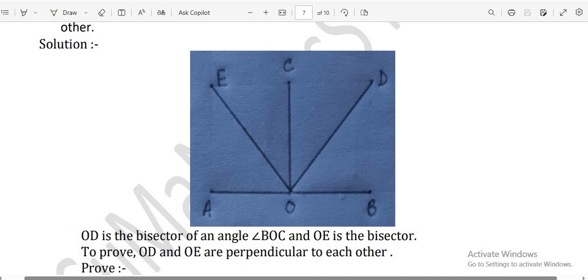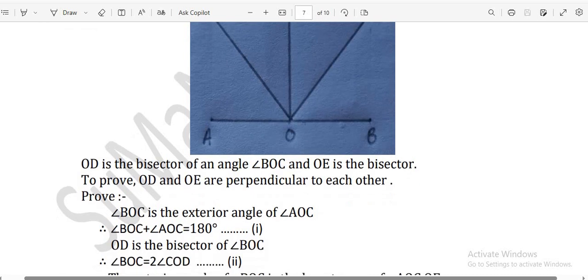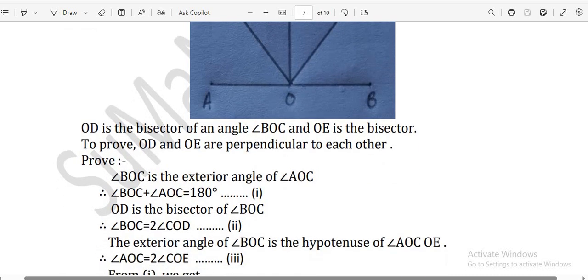Then to prove OD and OE are perpendicular to each other: angle BOC is the exterior angle of angle AOC.